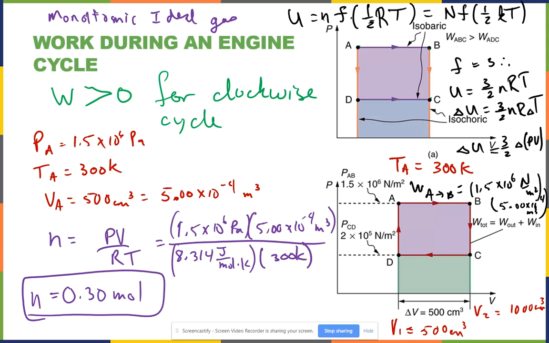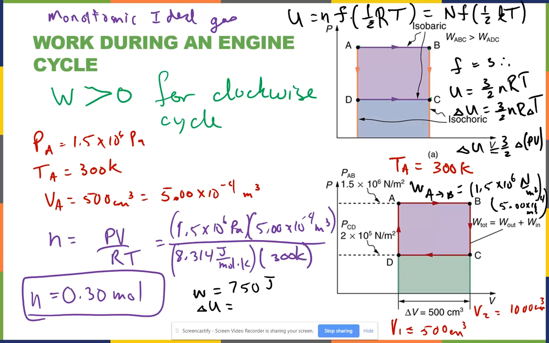internal energy. So was heat added or taken out in this process? My work was positive, 750 joules, and my change in internal energy was 750 times 1.5. So let me write this down. Work is equal to 750 joules. Delta U is equal to, what is 750 times 1.5?